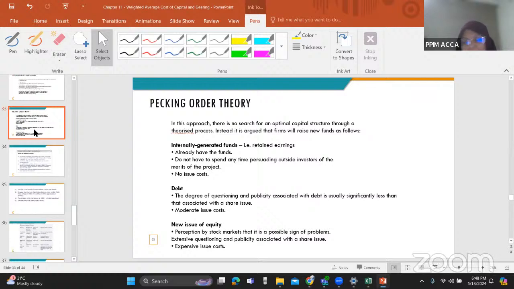It may not be the case, but most of the time we make that assumption. So that is not good. Okay. And finally, it has expensive issue costs. You will have to pay the broker. With regard to the paperwork, you will have to pay a lot. So it's not the cheapest option that you have. But if there is no other option, then fine, you can go for equity. Okay. So that's the pecking order theory.